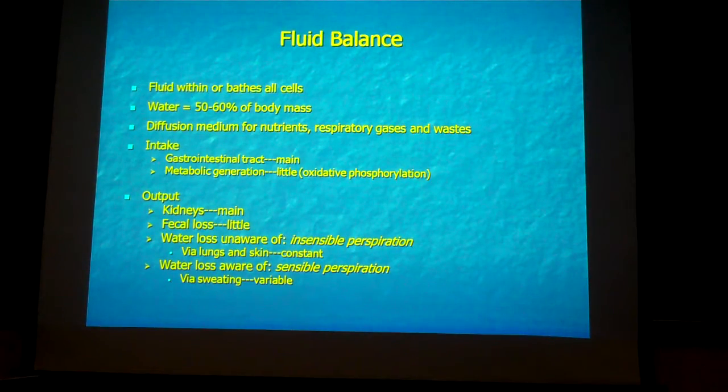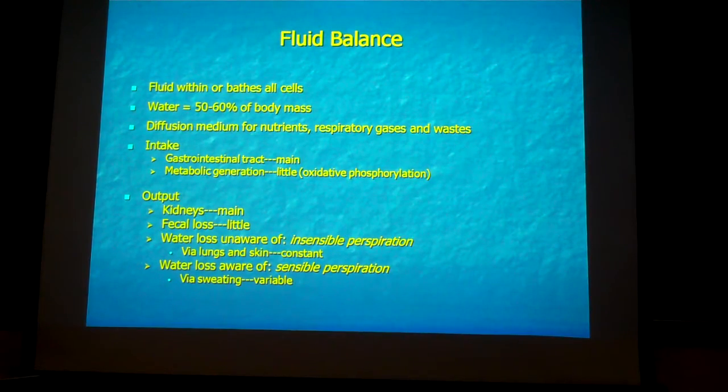Okay? So as far as output is concerned, the kidneys are the main organs that help us to get rid of any excess water. And, speaking of the kidneys, I think we mentioned this before, but for the kidneys to be able to handle both nutrients and metabolic waste, these molecules and ions have to be in solution.